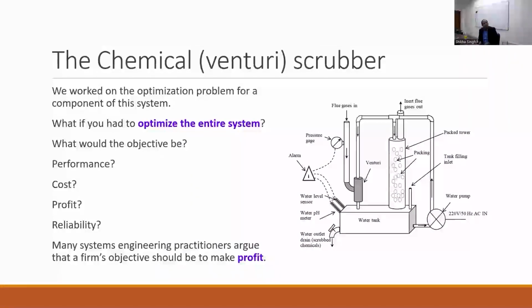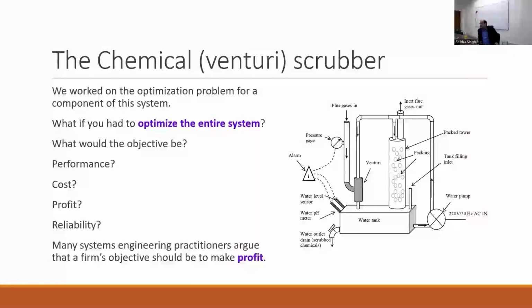Okay, so just to close this out, we have a few examples here. So you've seen this Venturi many times over. I did a small optimization of a subsystem, the Venturi, just the Venturi, right? Now, what if you had to optimize the entire system?